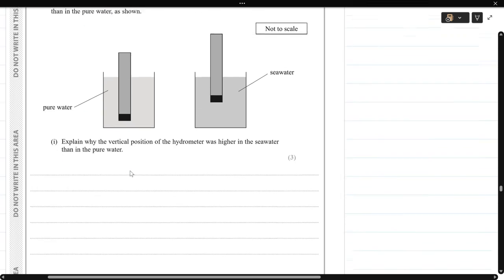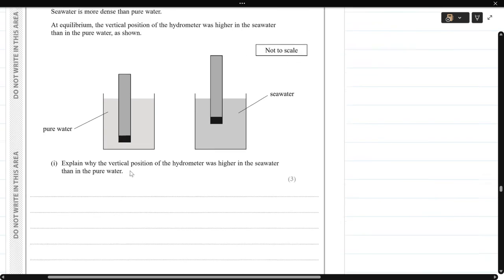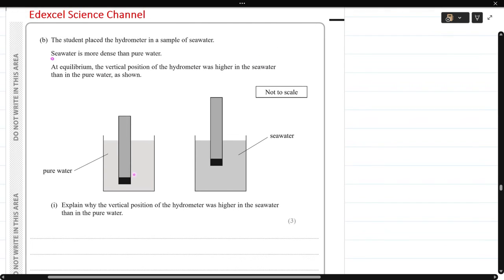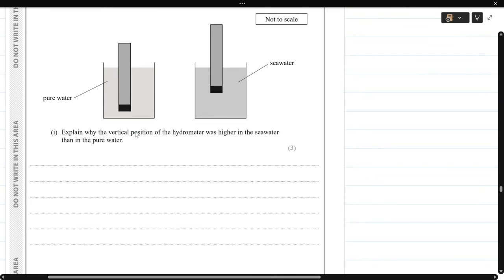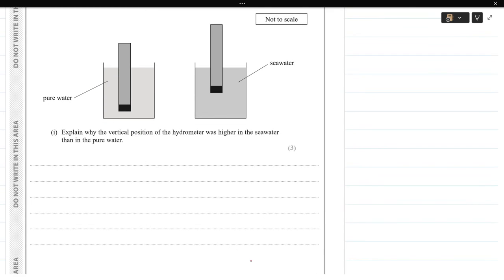Now, we know the question tells us that seawater is more dense than pure water. How much an object is going to be inside the fluid depends on the upthrust provided by that fluid. We know that the formula for upthrust is density of the fluid times volume of the object times g.